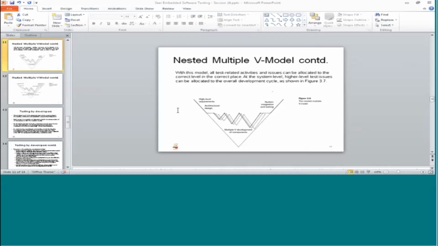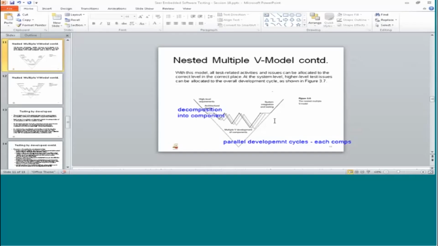So on the left hand side of the multiple or nested V model, what we have is decomposition into subsystems or components. In the middle we have the parallel development cycles of each of the components.